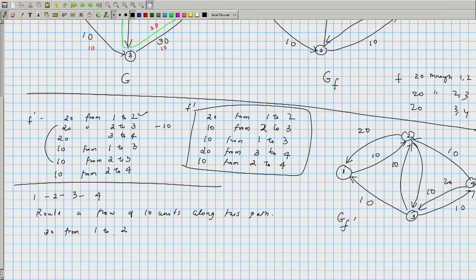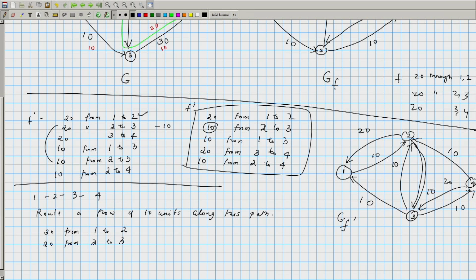and from 2 to 3 there is already a flow of 10, we are increasing. So, this was a 10 units of flow that was already there from 2 to 3 in the original graph, and we are using this particular edge to route an additional 10. So, that would amount to 20 from 2 to 3, okay.